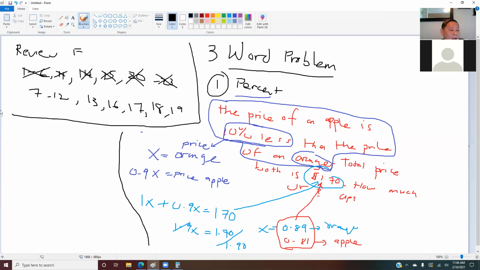Now I give you another one, you do it. Same thing. The price of a t-shirt is 25% more than the price of a pair of socks.